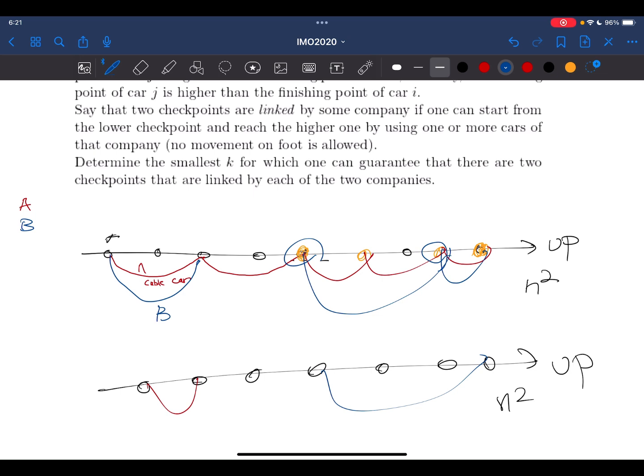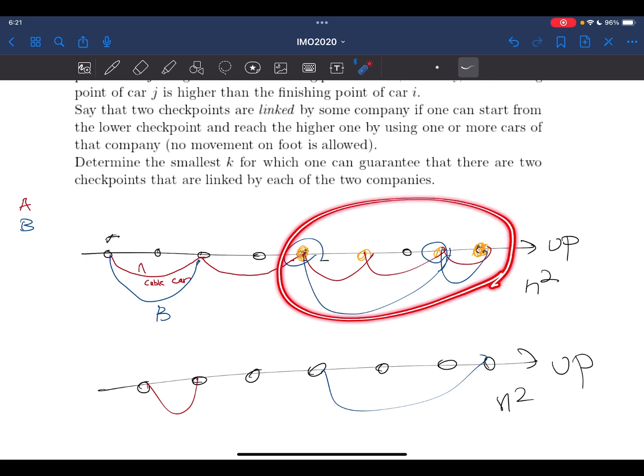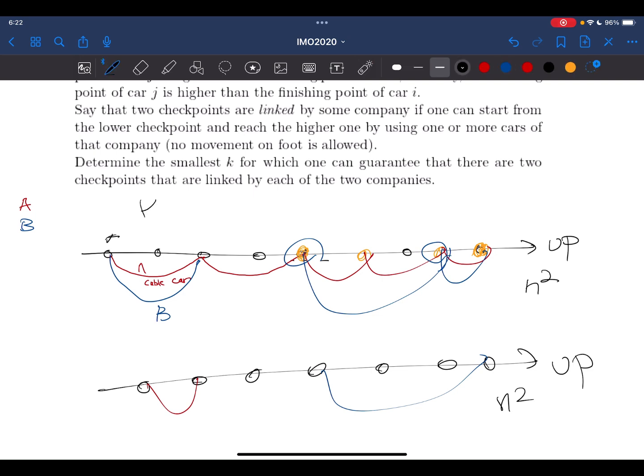Okay, so we want to find the smallest value for K so that this happens, right? So let's think about a counterexample. In situations like this, we basically need to say K is at least some function f of n, and then we need to find a counterexample for f of n minus 1, and then we need to show that if K is at least f of n, then we are good.